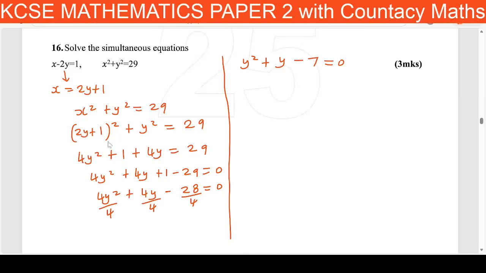We square the second value, which is 1. And then we multiply everything: 2 times 2, that's 4y, is equal to 29. And then we have 4y squared plus 4y plus 1, and then we pick 29 to the other side to have minus 29. 1 minus 29, that's negative 28. And therefore we divide by 4 everywhere. You have y squared plus y minus 7 is equal to 0.